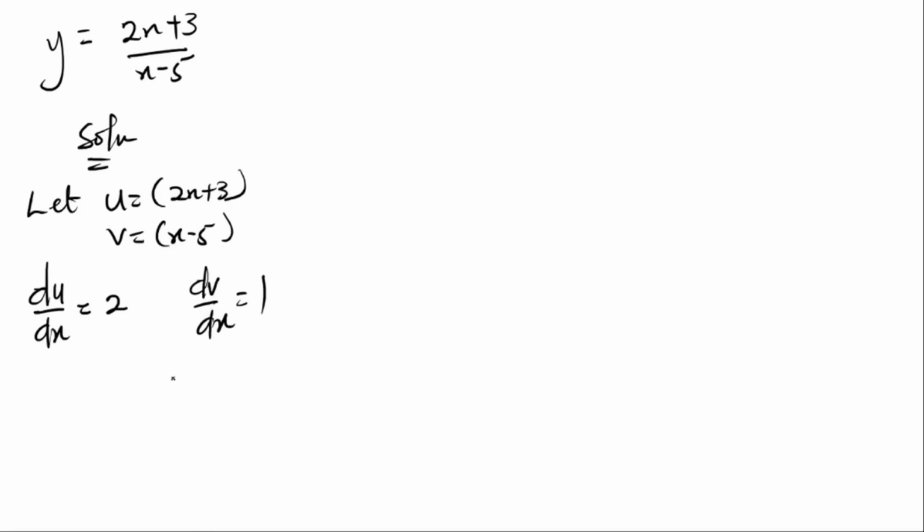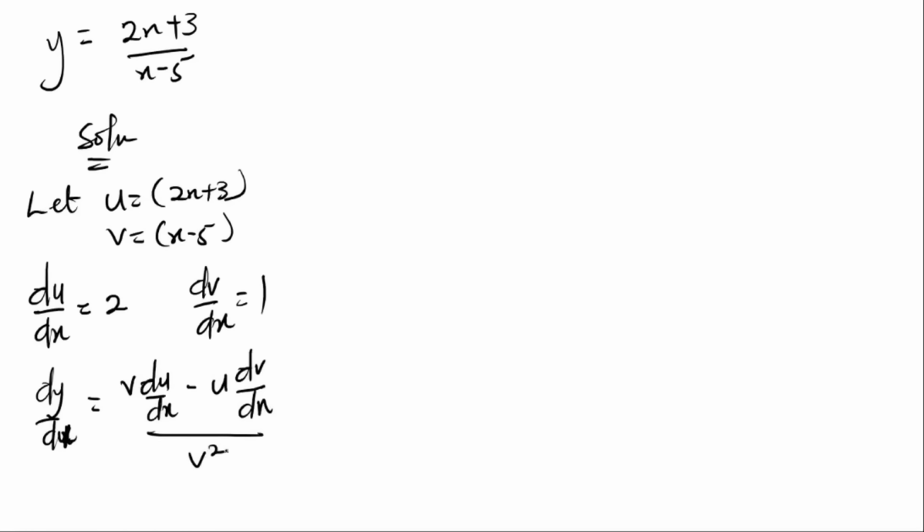Now we need to quote the quotient rule. By quoting the quotient rule, our dy/dx is equal to v du/dx minus u dv/dx all over v squared. So let's substitute everything into the formula.